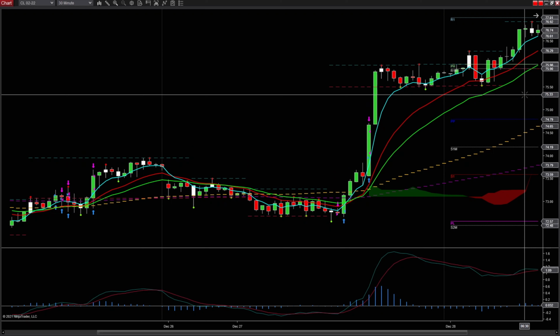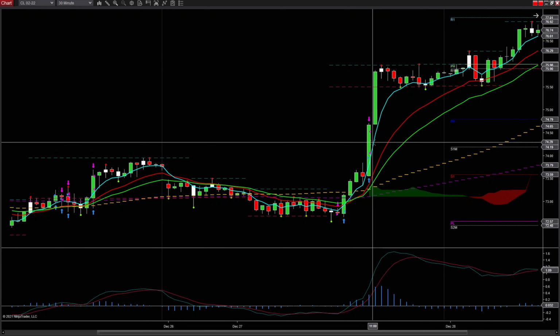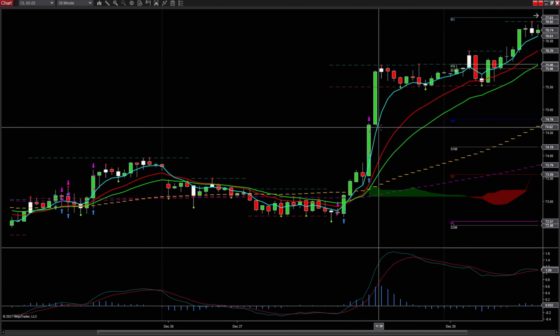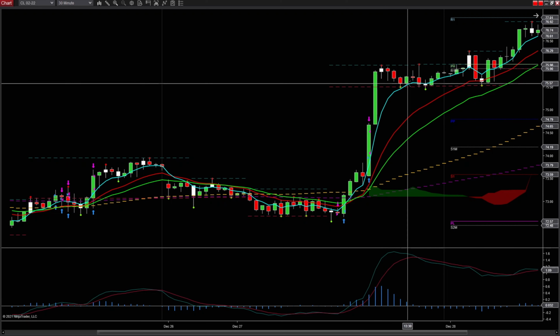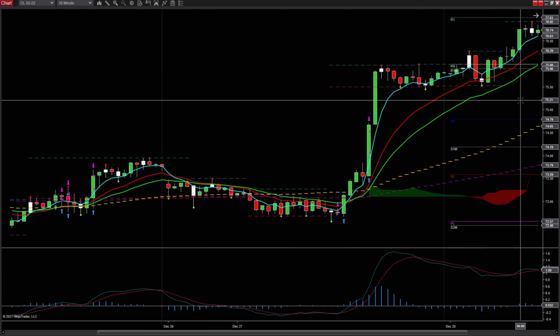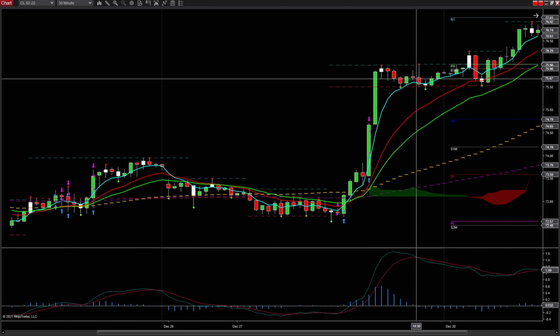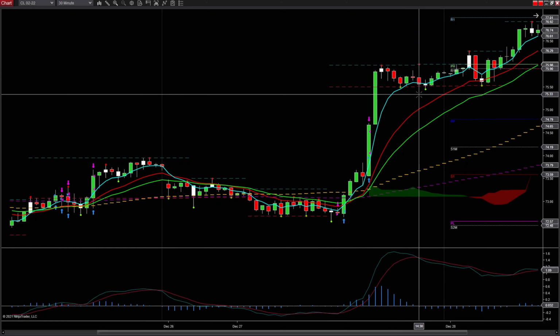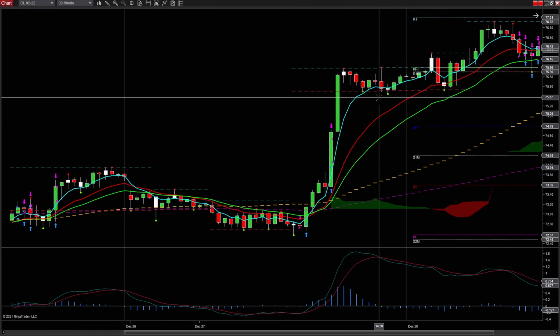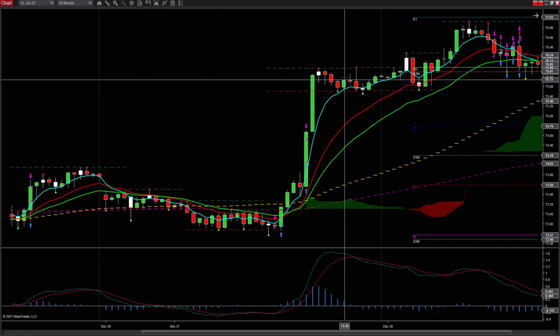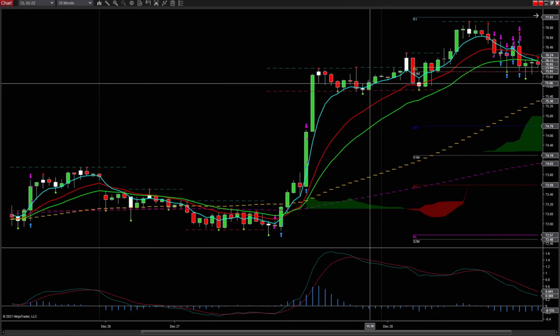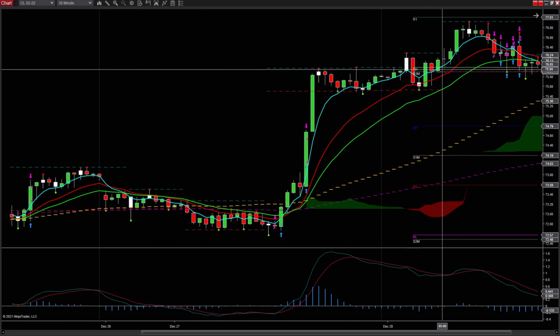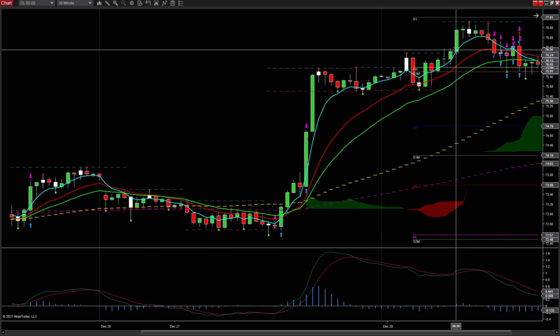Yesterday there was a nice move on the 27th, a really nice move to the upside. Then overnight it was consolidating and then moved to the upside again by 6 a.m.